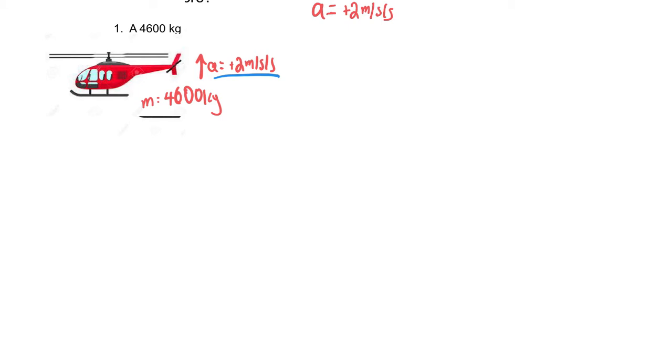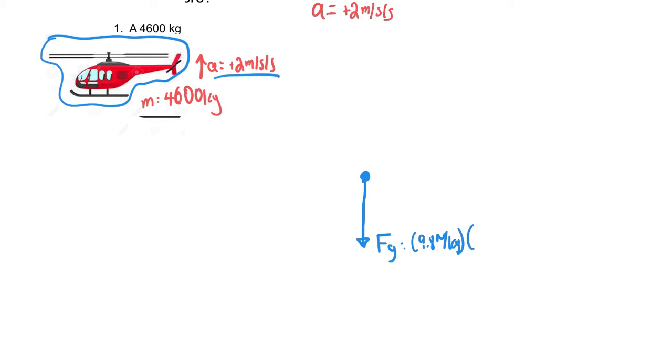So here we've got a force diagram for the helicopter, and when it's in the air, we know that the force of gravity acting on it is going to be 9.8 newtons per kilogram times its mass.